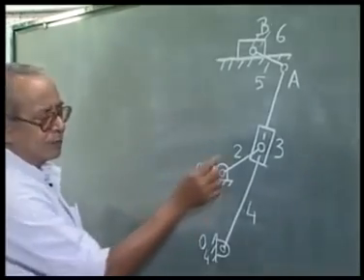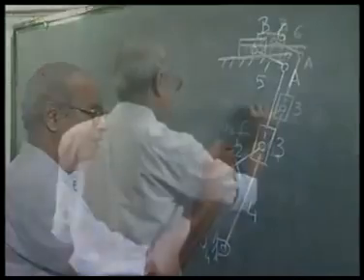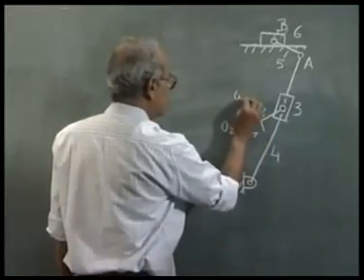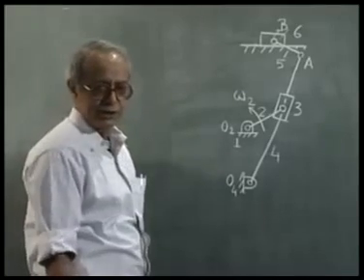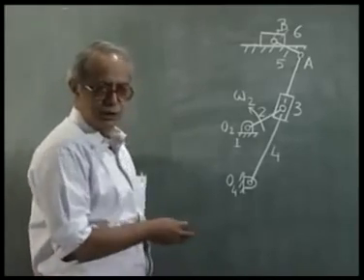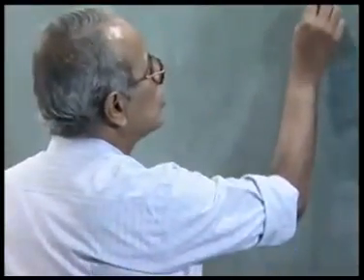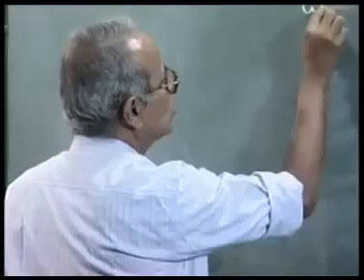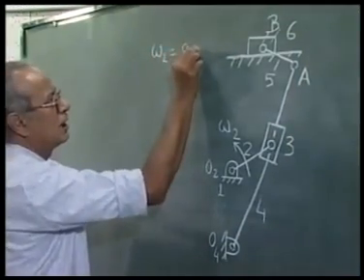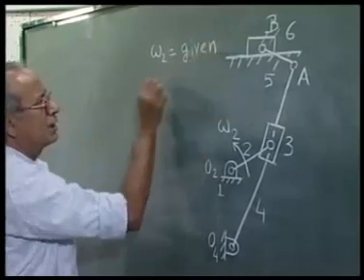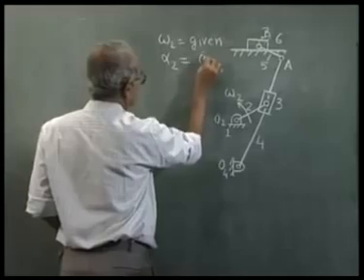So the statement of the problem is the angular velocity of this input link omega 2 is given, and let us assume it to be constant. Of course, even if it is not constant, we can prescribe alpha 2 as well. So omega 2 is given and assumed to be constant, that is alpha 2 for this problem let us take to be 0.